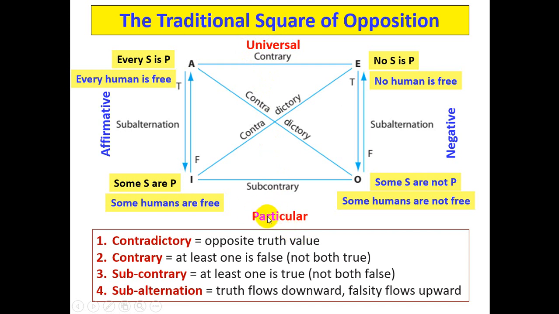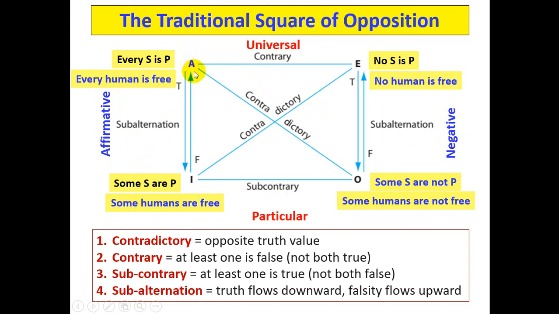Why? Because we use some here and some there. So we have some and some. This is particular. But here we have every or all and no, and this is universal. So take care when dealing with this square, because it is easy, no problem. Here we have the affirmative, here the negative, and here the universal and particular.